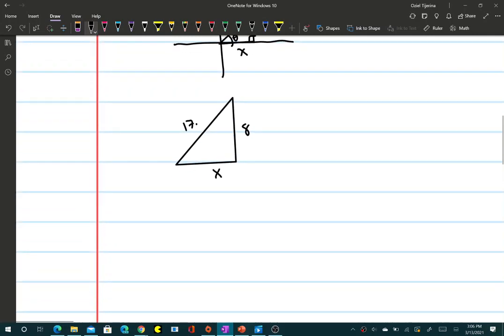We can say a squared plus b squared equals c squared, right? So this is our a, this would be our b, and if I color code, this is 8, this one would be x, and then I can do my c squared as another color, so this one would be 17.